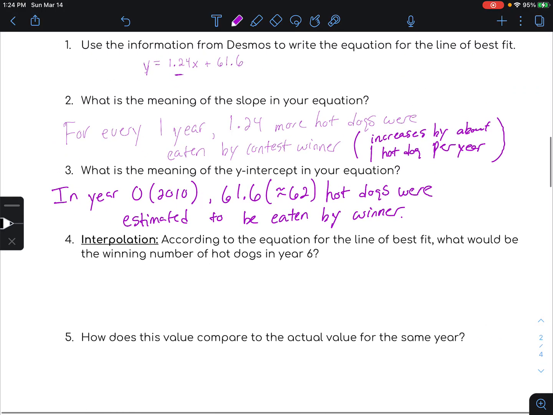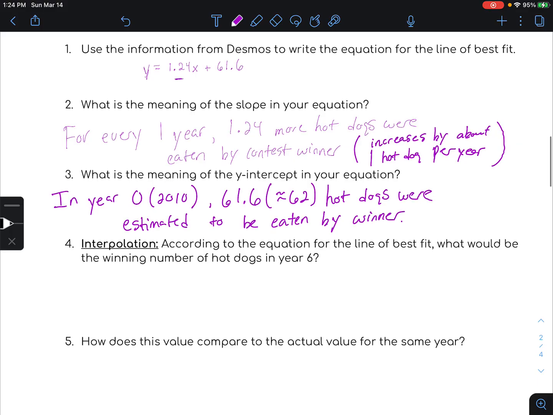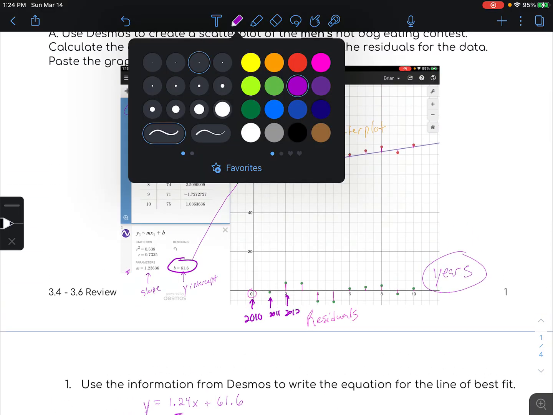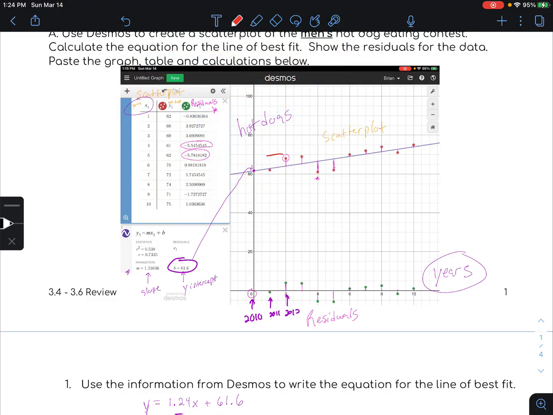Interpolation. According to the equation for the line of best fit, what would be the winning number of hot dogs in year 6? Okay, so remember, interpolation means that we're going to take an estimate that's within the data set years. So within the years that we're estimating here, this would be an interpolation estimate.